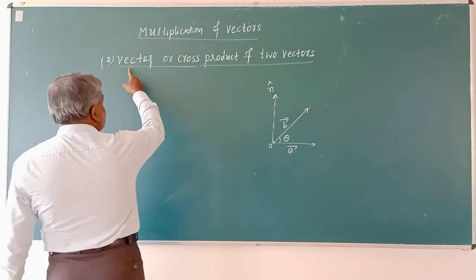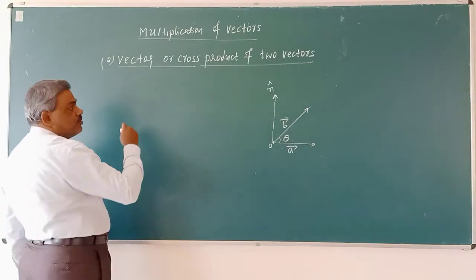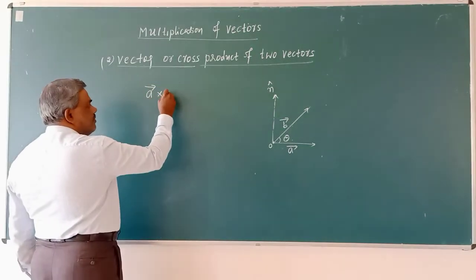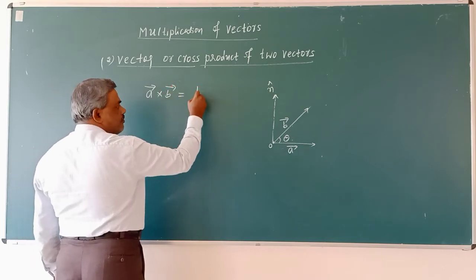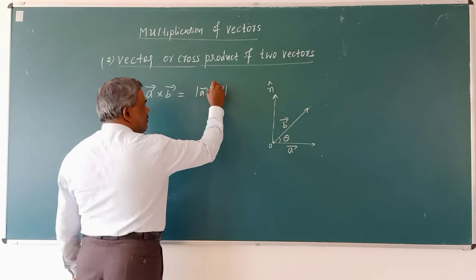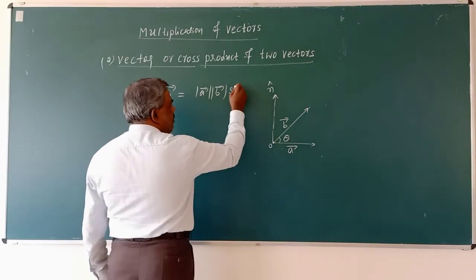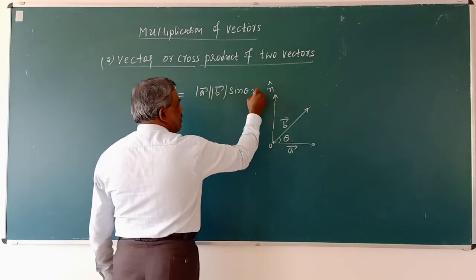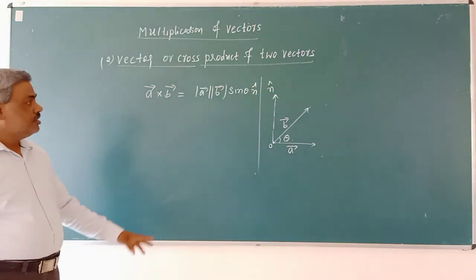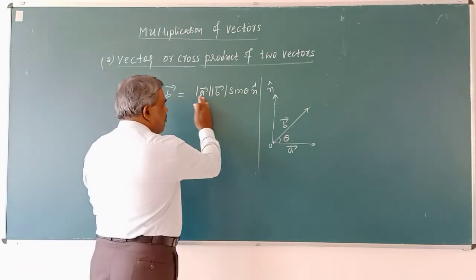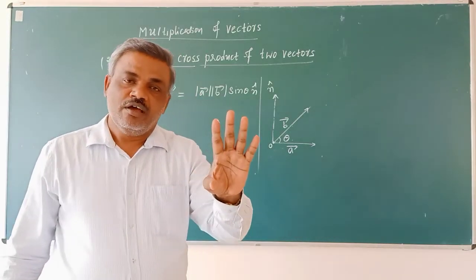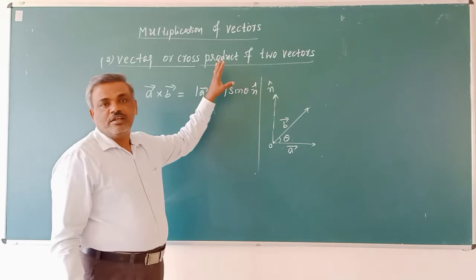The mathematical expression for the vector cross product: vector A cross B equals the magnitude of vector A, the magnitude of vector B, sin theta into n cap.